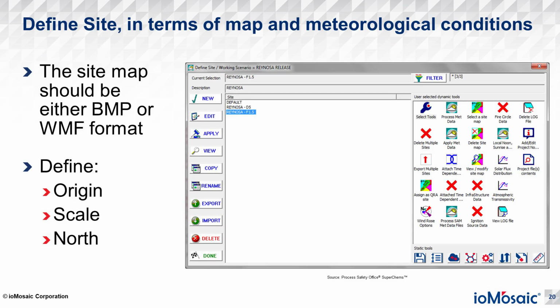So we can generate a map from Google Earth. We need to save it in either bitmap or Windows metafile format for SuperChems to use, so that SuperChems can recognize it as a map. What we need to do is define the origin and the scale and the north direction.